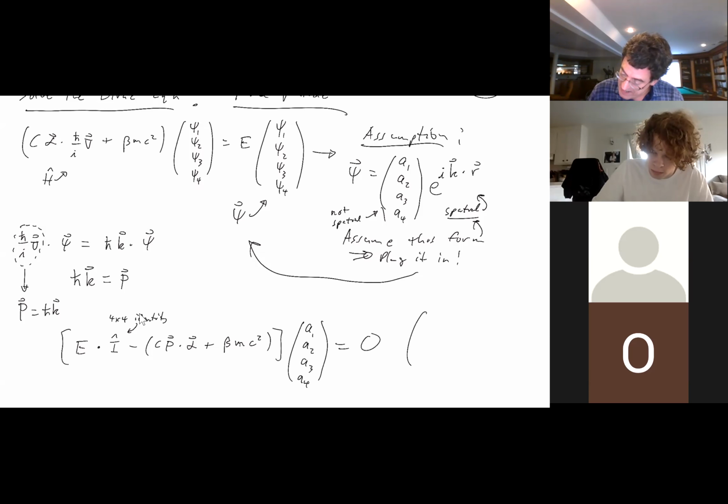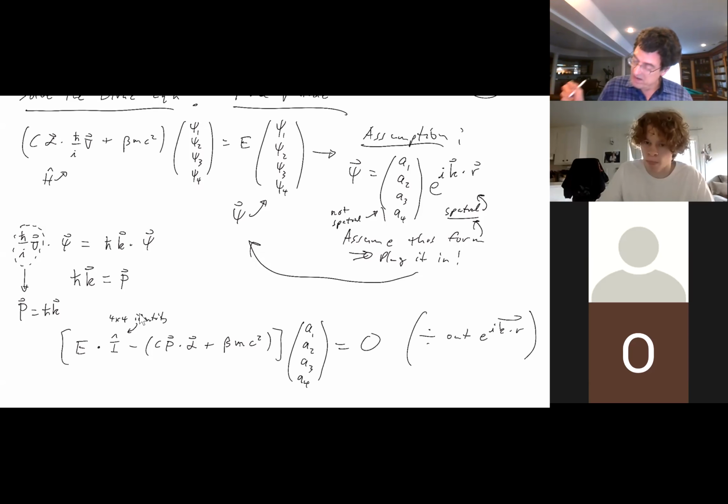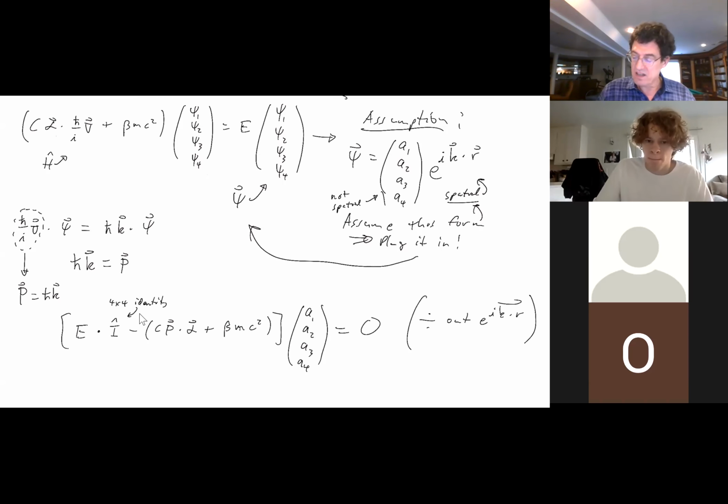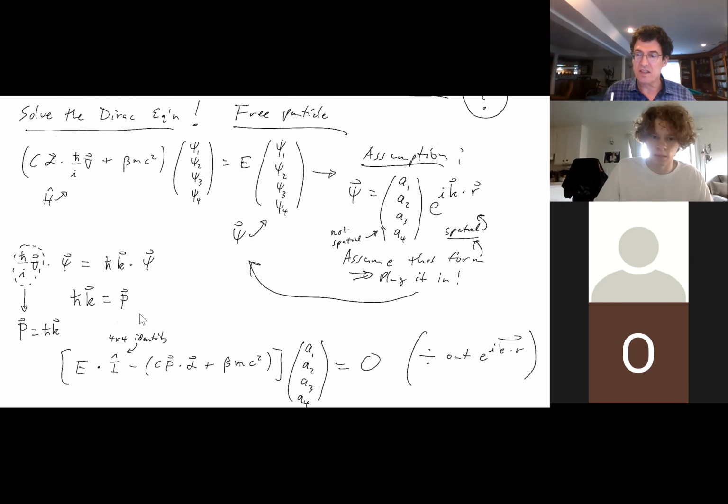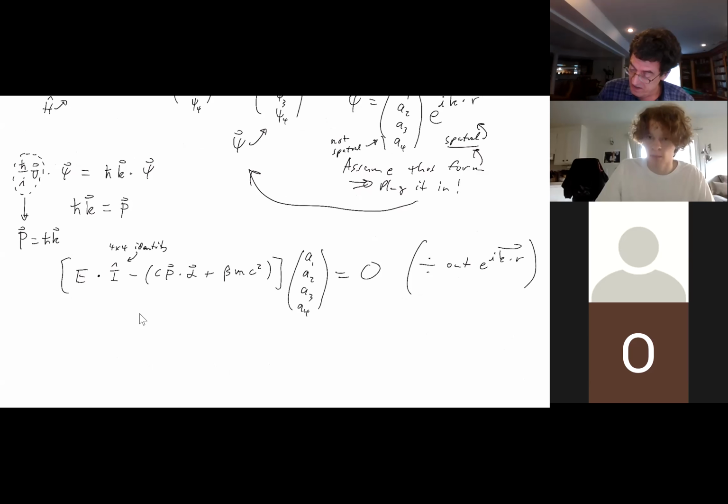Because I just divided out the e to the i k dot r. And that's not hard. It's just a couple lines of algebra that I skipped, but you can see how when you plug that in there, the del turns into a k, and then I can just divide out the plane wave and rearrange the terms to get this. Does that look okay to you guys?